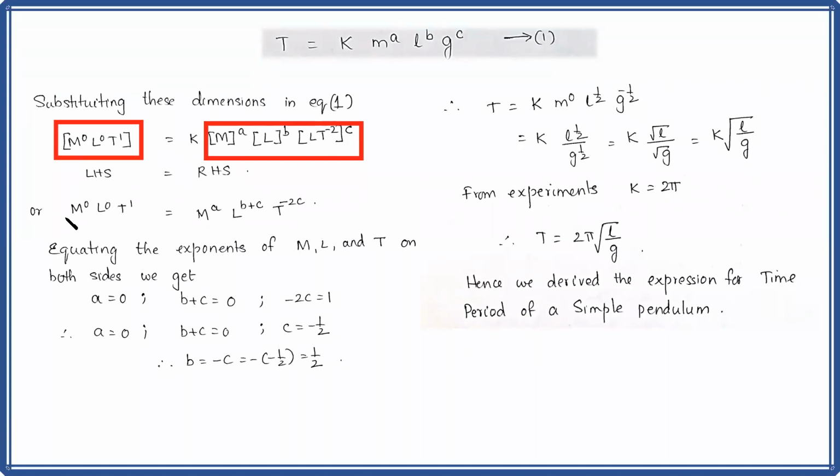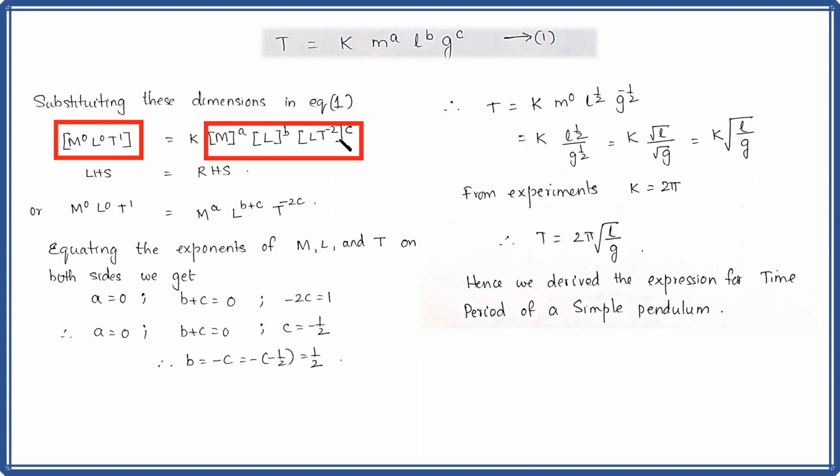Therefore, LHS means M0, L0, T1. RHS, let us take the powers: m to the power of a, L to the power of b here, and in the last term, L to the power of c only, not 2c.